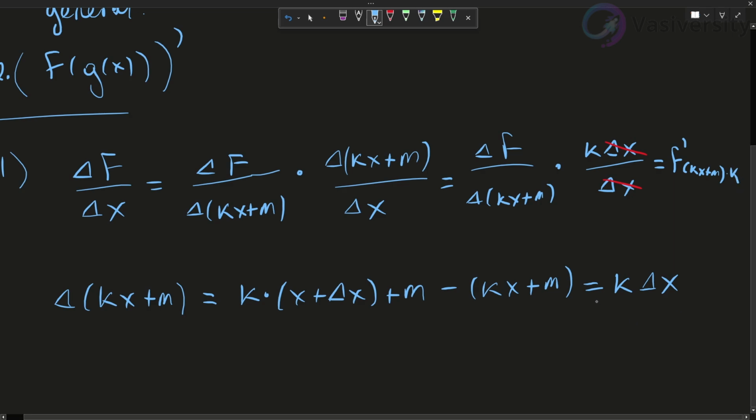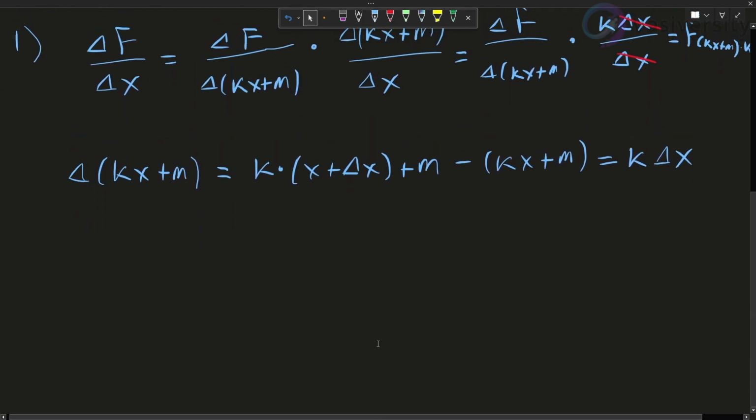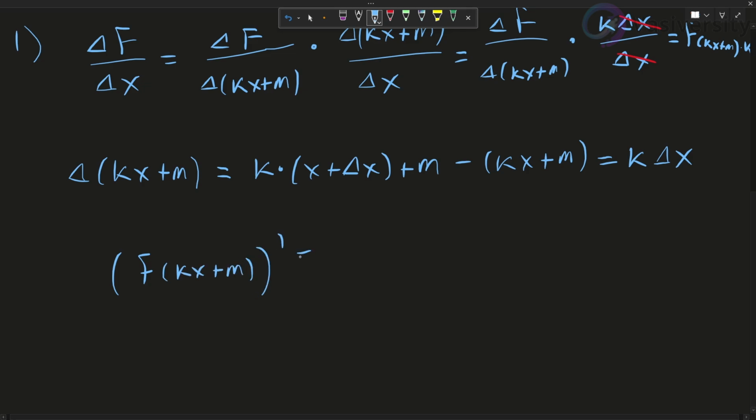So essentially what we got is that if we want to take a derivative of f of kx plus m, it's going to be first the derivative of f, with kx plus m put inside instead of x, and then multiplied by the derivative of kx plus m.